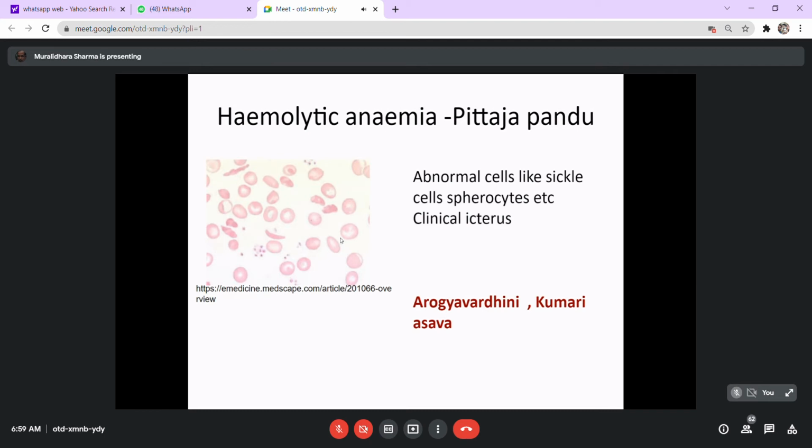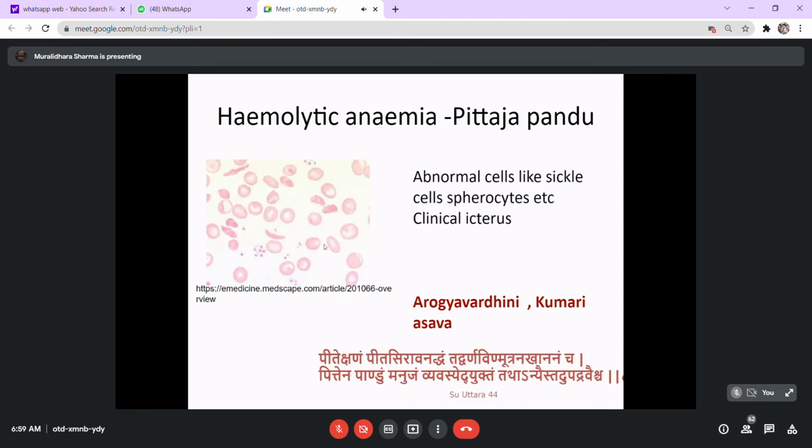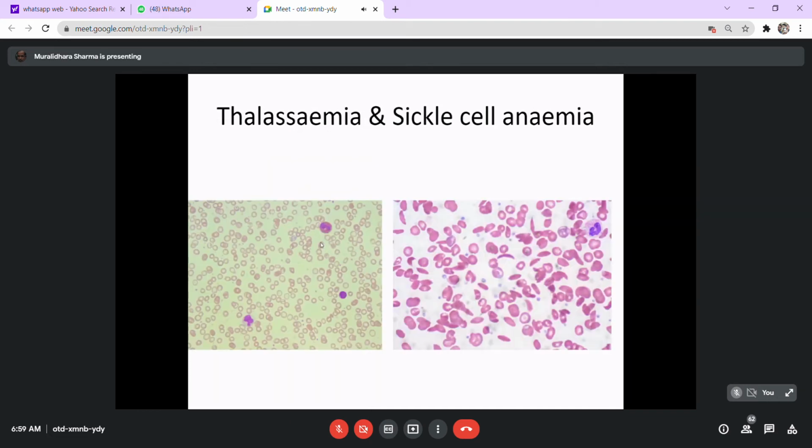Now, those are specific diseases which are totally different from what we call hemolytic anemia conditions. When you say hemolytic anemia, it's due to the abnormality of the cells, the shapes of the cells, like the sickle cells, as you see in these smears, or the thickened RBCs.